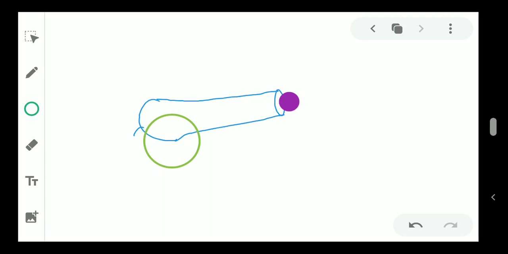When the cannonball is released from the cannon, what happens? The cannonball goes this direction, and you see that there is a big jerk in the opposite direction. So the cannon comes back, right? So why does this happen? Now let us talk about this.